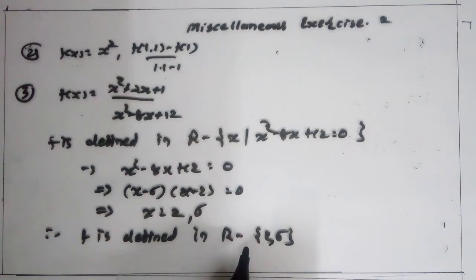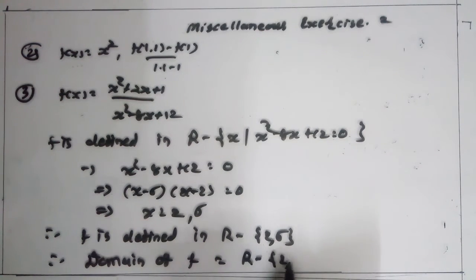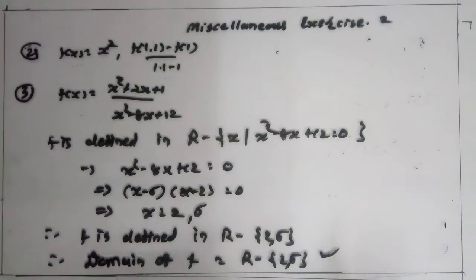So this becomes the domain. Therefore domain of f is equal to R minus {2, 6}. Clear this? So think how to find a domain. Domain is where the function is defined. So we remove all numbers where the function is not defined. That means we find the numbers where the function is defined.